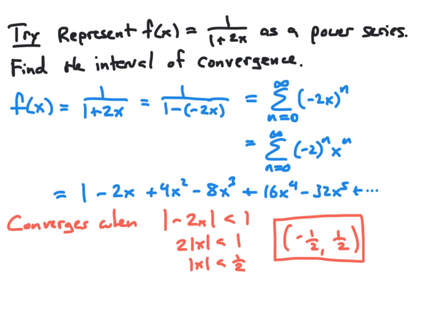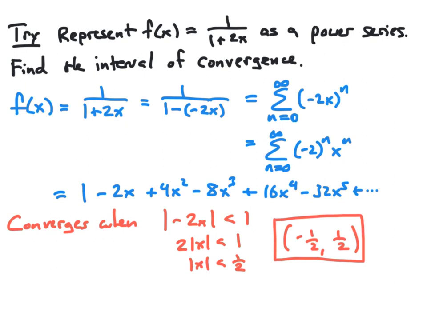We can break off the constant here and write that series as the series with term (-2) to the n times x to the n. If we write out several terms of this series, we see that the terms are 1 minus 2x plus 4x squared minus 8x cubed plus 16x to the fourth minus 32x to the fifth, etc.